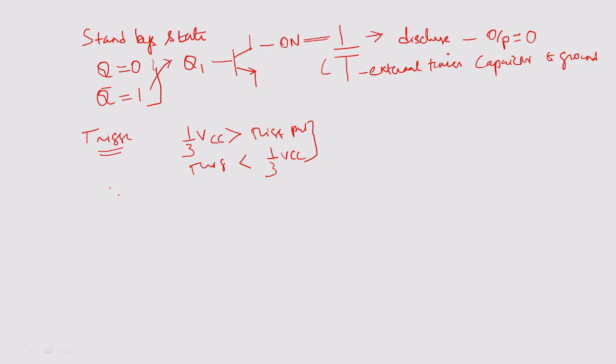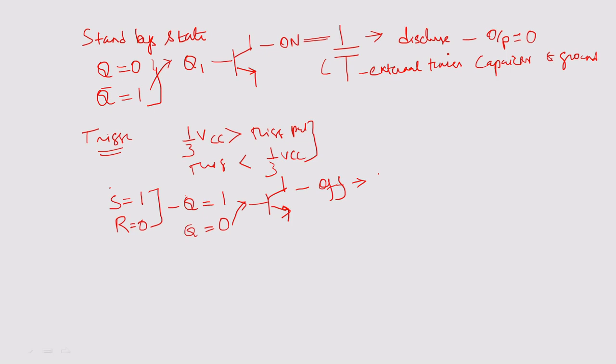S will be 1, R will be 0. Because of this, the Q state will be 1, so Q bar will be 0. This is sent to the transistor, so the transistor acts as off.